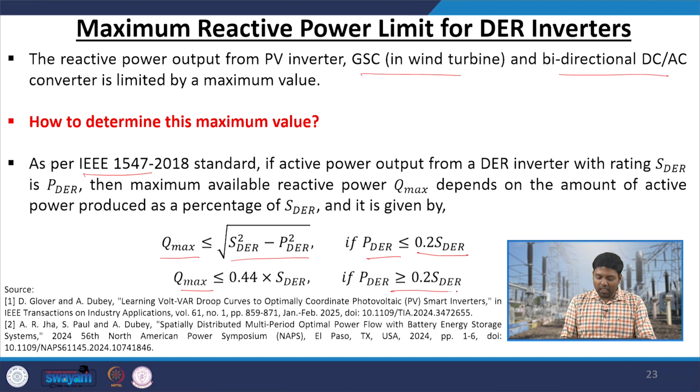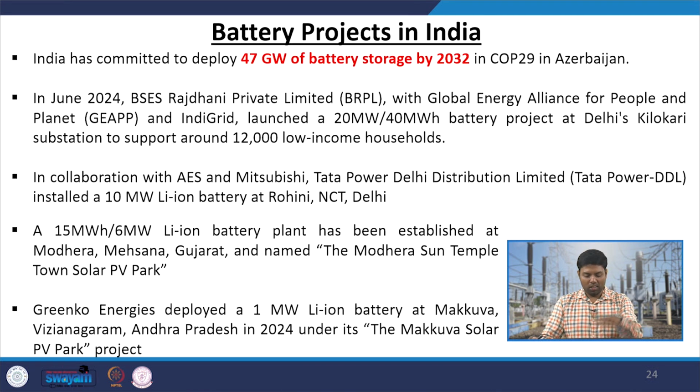But if it is greater than 20% of the inverter rating, then your maximum Q support cannot be more than 44% of your inverter rating. That is how you always have to maintain Q max whenever you want to take reactive power support from your PV or battery inverters.